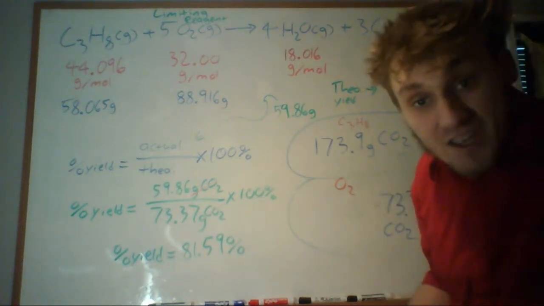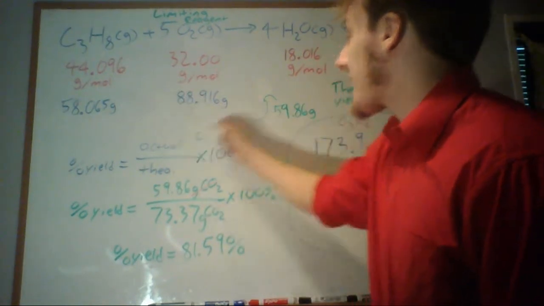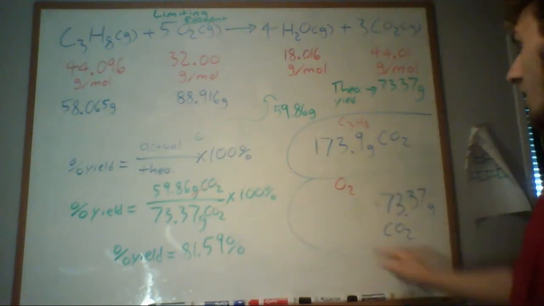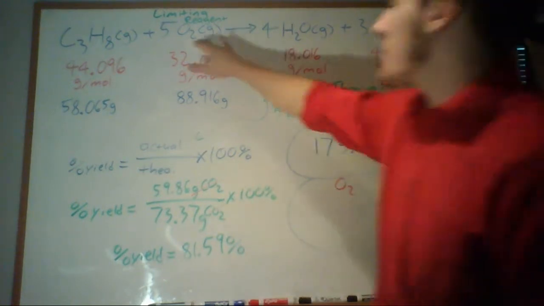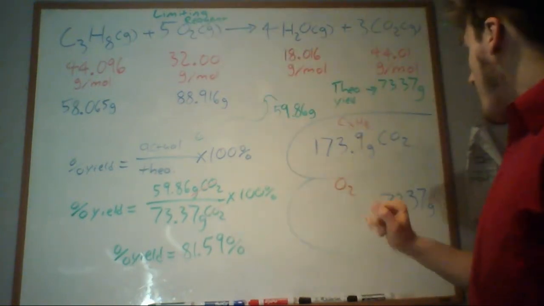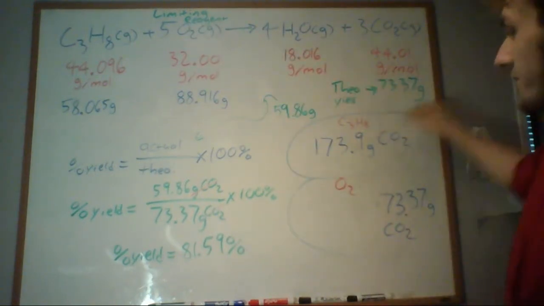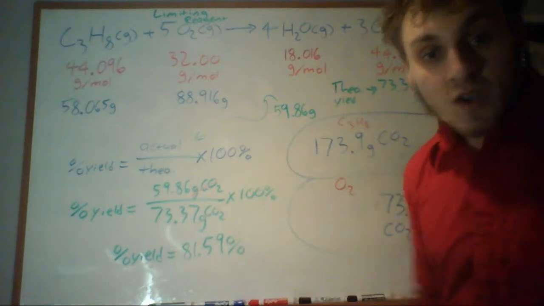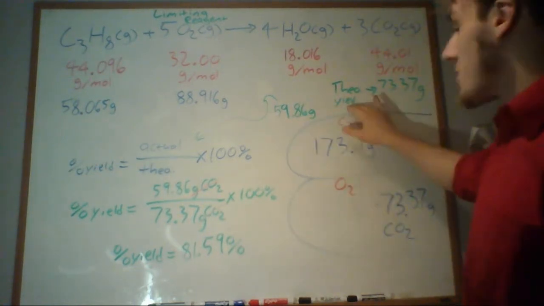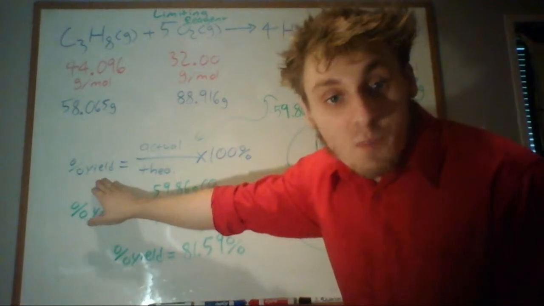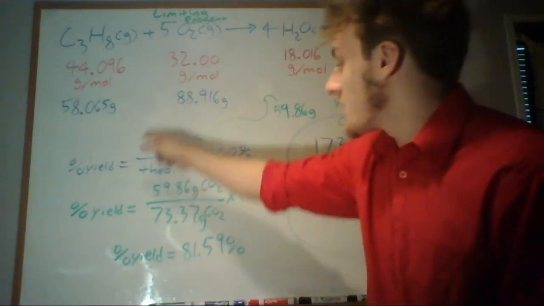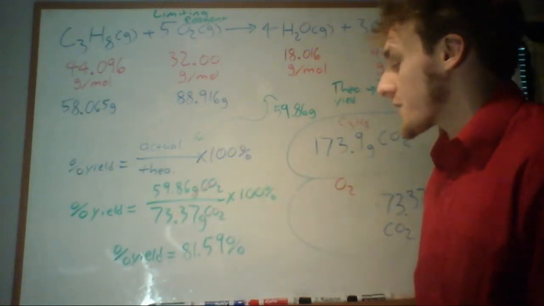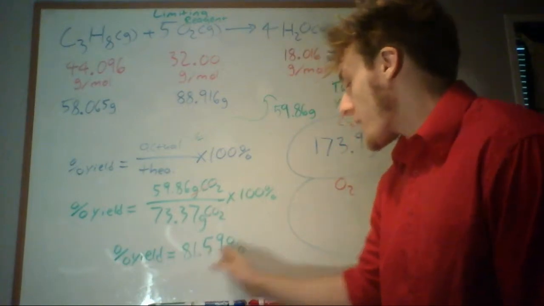That is, in theory, if all of this oxygen reacted, we should be able to produce this much carbon dioxide. So we figured out O2 was the limiting reagent, and we figured out our theoretical yield here. And then I said that the actual yield was this for CO2. So given our actual yield and our theoretical yield, we could calculate the percent yield. Percent yield is your actual yield divided by your theoretical yield times 100%. And in this case, we figured out that our percent yield was 81.59%.